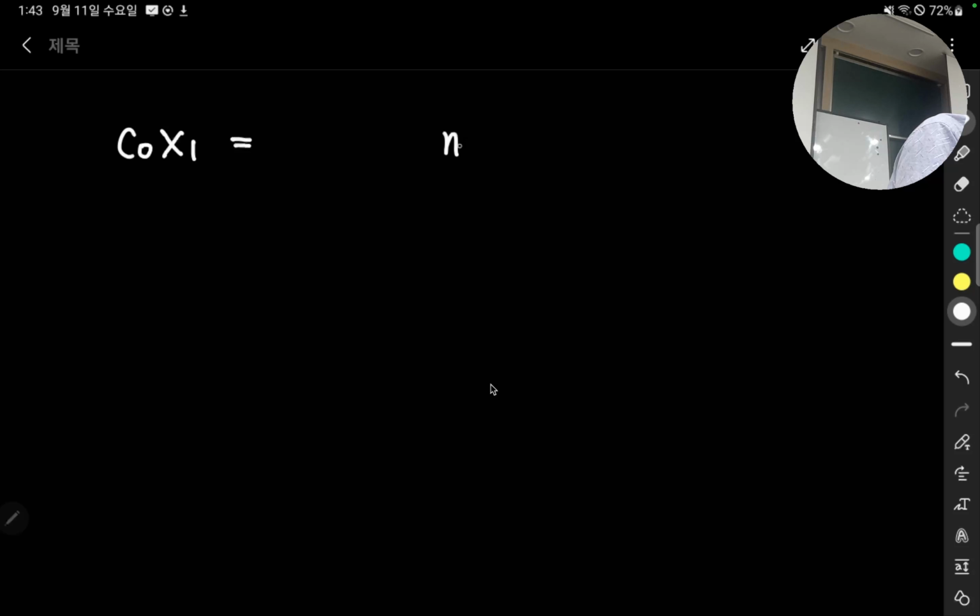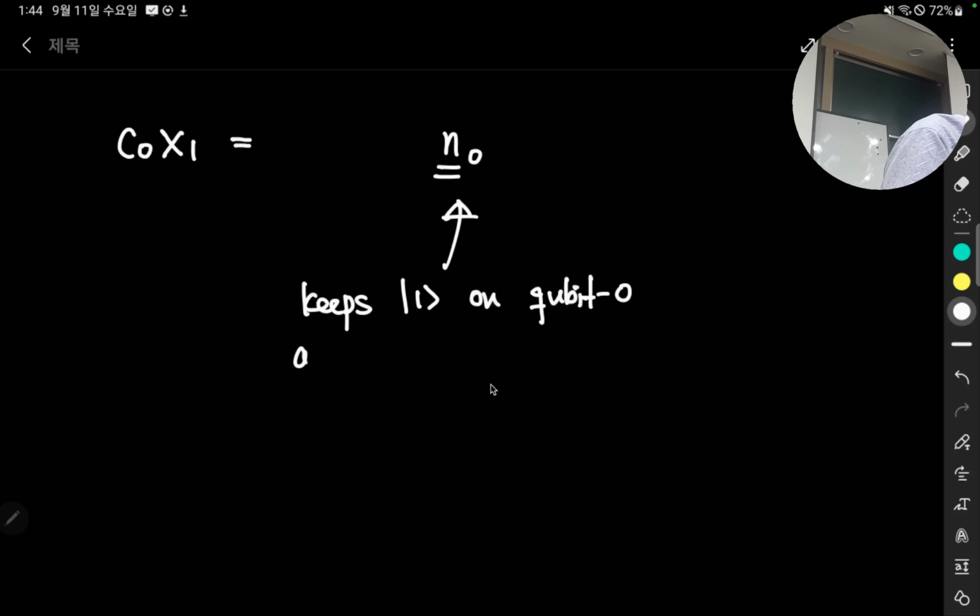If I apply the number operator on qubit 0, then I only keep the ket 1 state and annihilate the ket 0 state, right? So this N0 keeps ket 1 on qubit 0 and annihilates ket 0 on qubit 0.